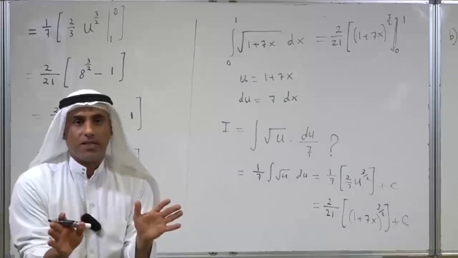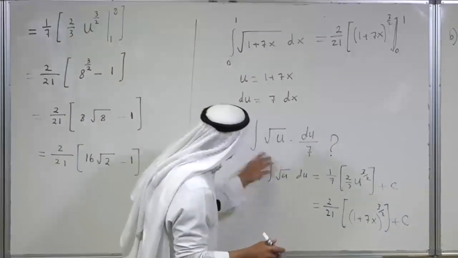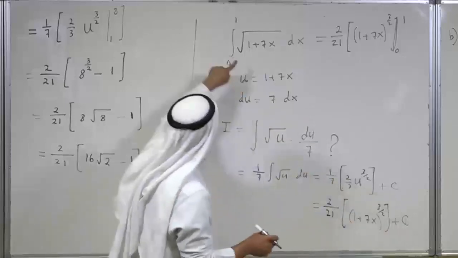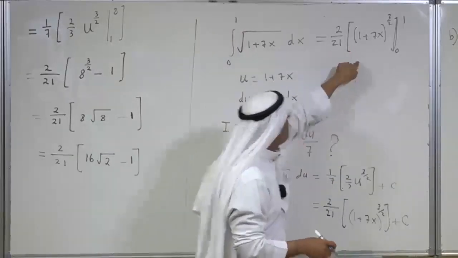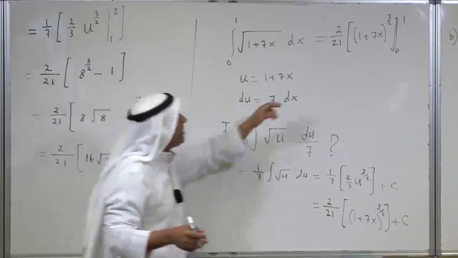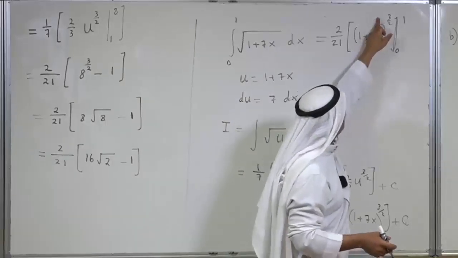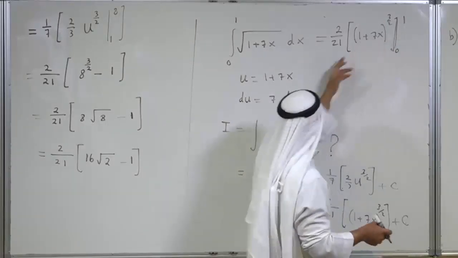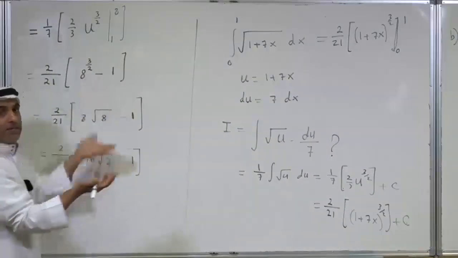This is perfectly alright, because you change everything to u and you bring it back to x. Then you substitute the x values from 0 to 1. So this will give us the same answer as this one, and you can check it. Substitute 1: this will be 1 plus 7, that is 8 to the power 3 over 2. Minus at 0, this is equal to 1. Which is exactly this: 8 to the power 3 over 2 minus 1.